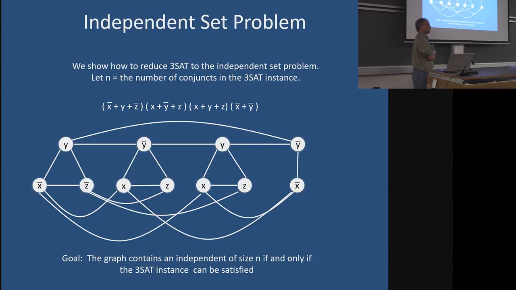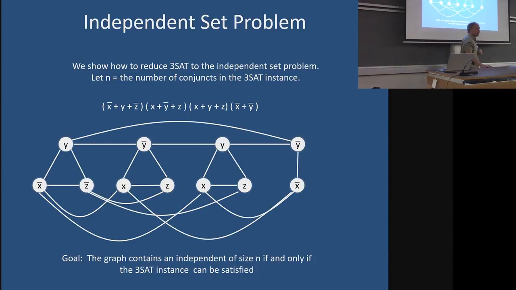Now, do you have any better insight about what n ought to be? How does finding an independent set down here correspond to making that expression up there true? Yeah? 4. It should be 4. Think of when we pick something, we want to find an independent set of size 4, which means we're going to have to pick something from each of these chunks.